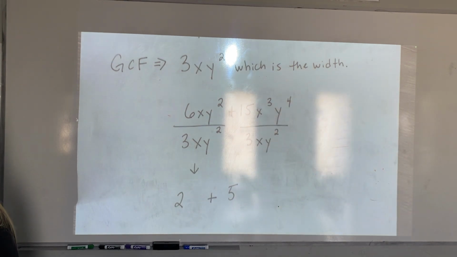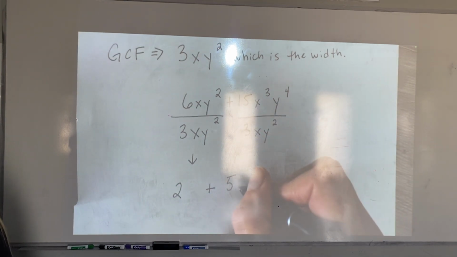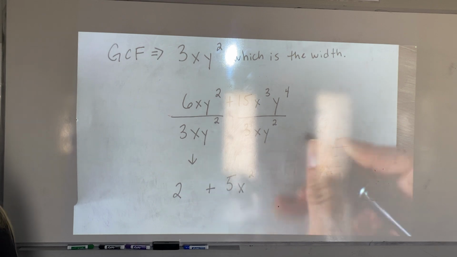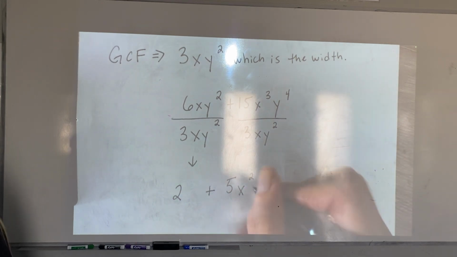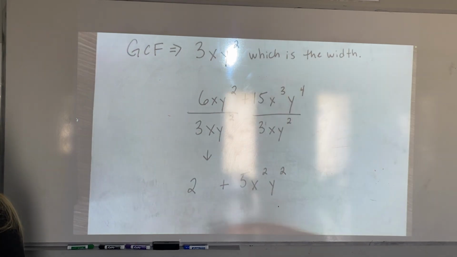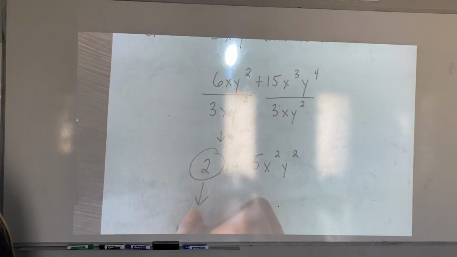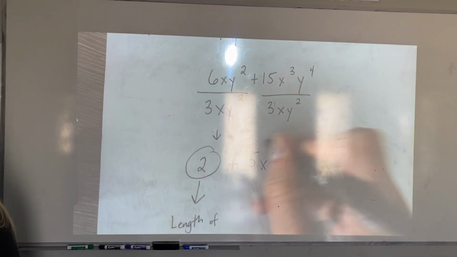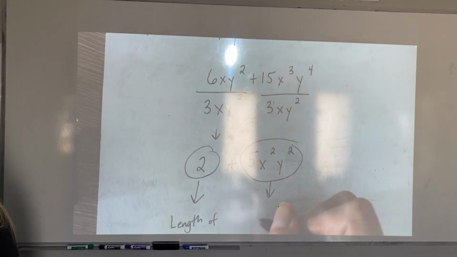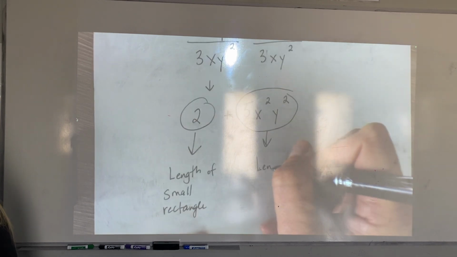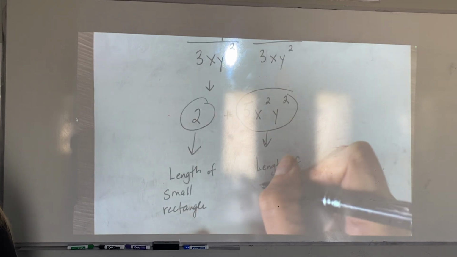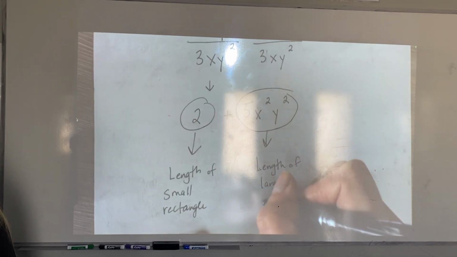X cubed over x, x squared, y to the fourth over y to the second, y squared. So this is the length of the small rectangle, and this is the length of the large rectangle.